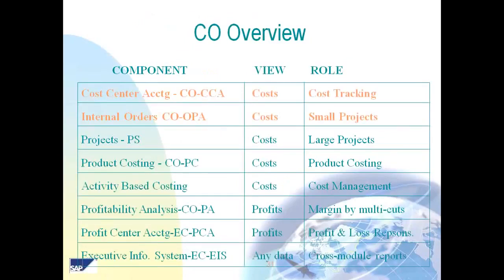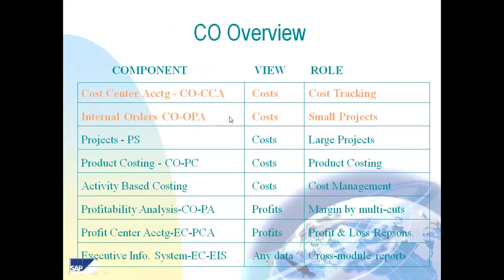So to come to the controlling module, we have cost center accounting. It is required for tracking of the cost. It is a small responsible area where the cost is incurred. Normally the cost center captures the cost, but you can also capture the revenue from a statistical point of view.